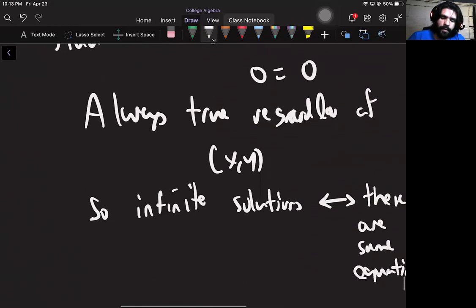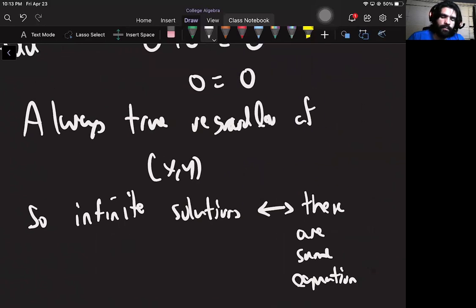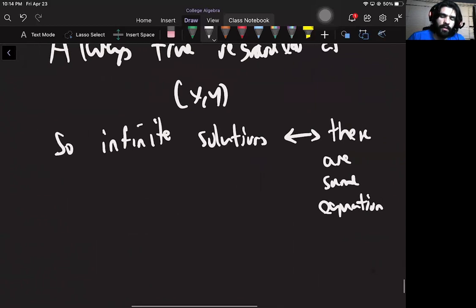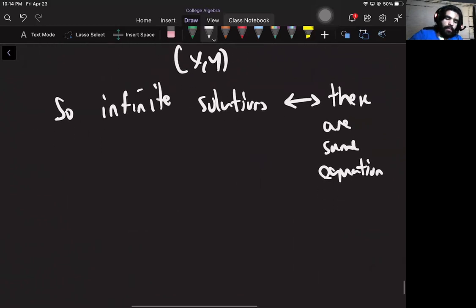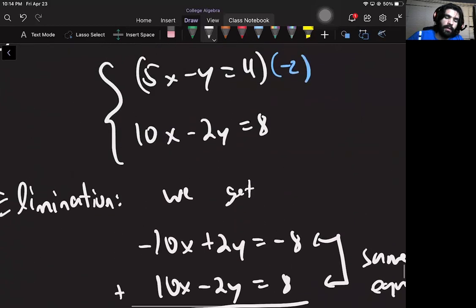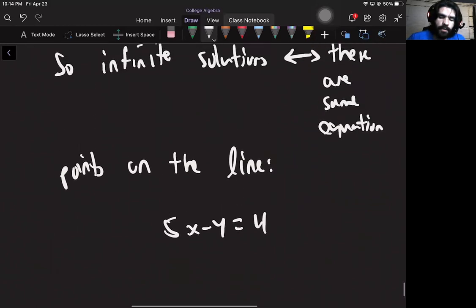But if you wanted to, you could say what they were, and they are just the points on the line. Points on which line? Well, this line, they're the same line. So you could write either one. So any point on this line is a solution to the system.